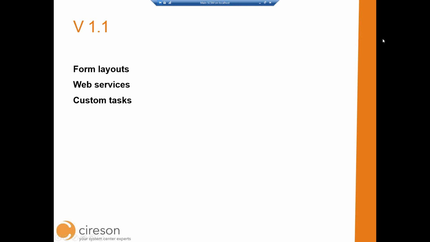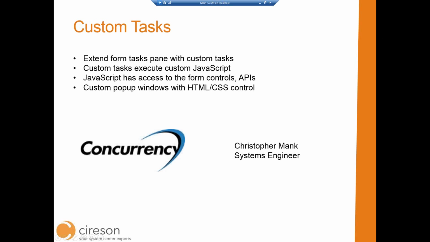So if you have a requirement to be able to do this kind of thing and you would like to partner with us on the development of this particular capability, just please contact us. We'll probably add another 2 to 3 early adopters to this particular program, trying to get custom tasks working. So feel free to reach out to us and we can start working with you as well.